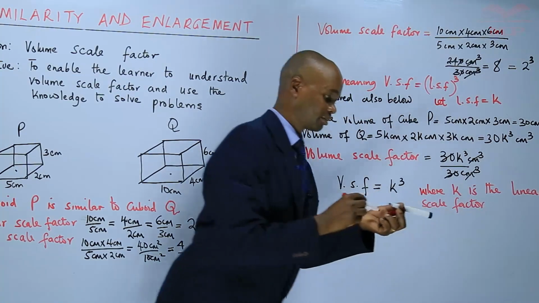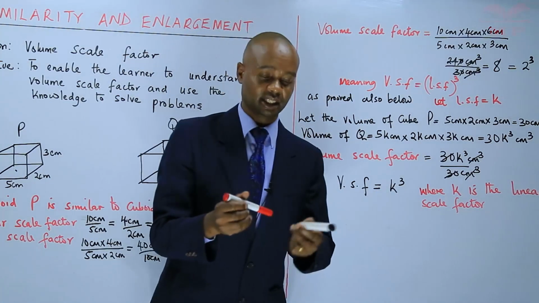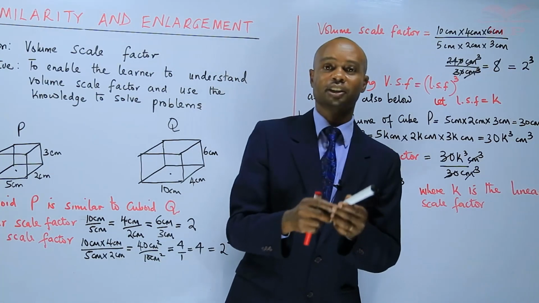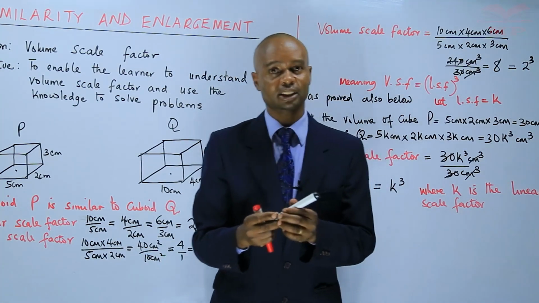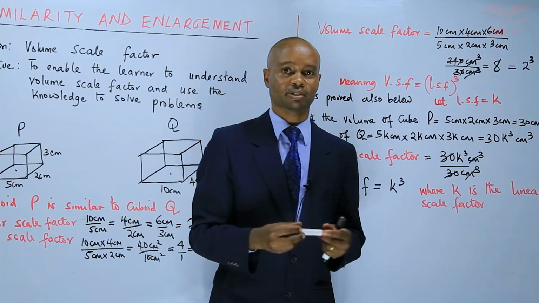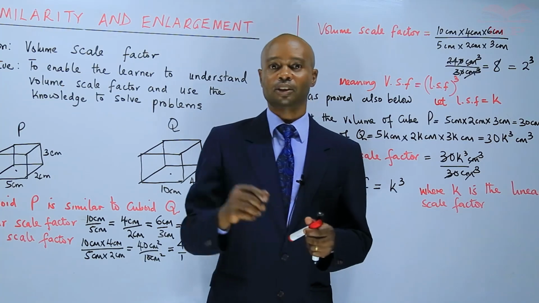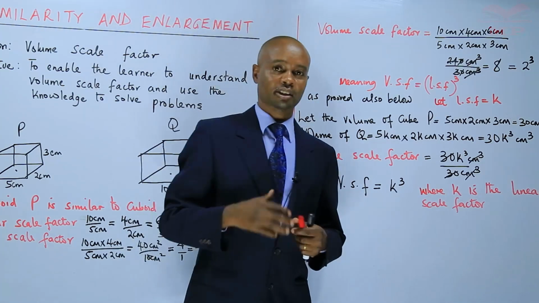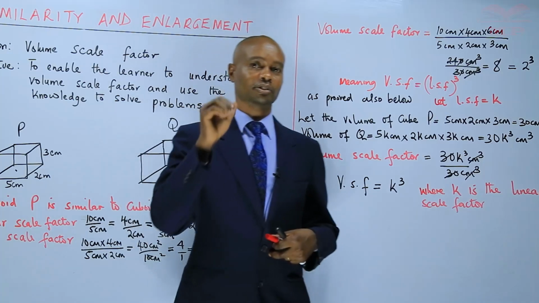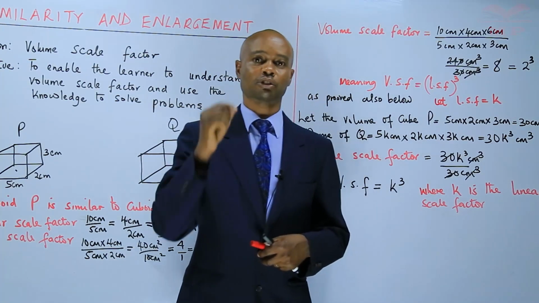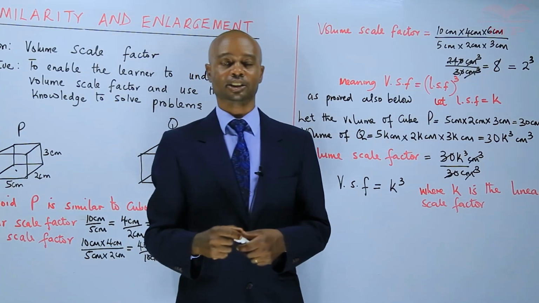Learner, if the linear scale factor is given, for example, as 3, the volume scale factor will be 3 cubed, that is 27. If the linear scale factor is given as 4, the volume scale factor will be 4 cubed, and that is 64.